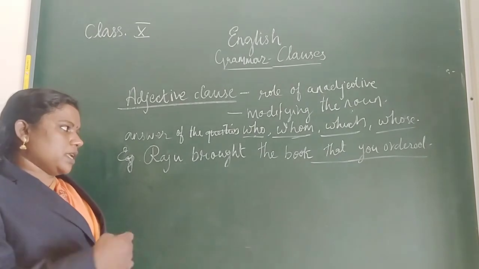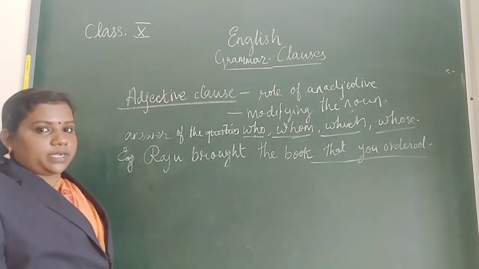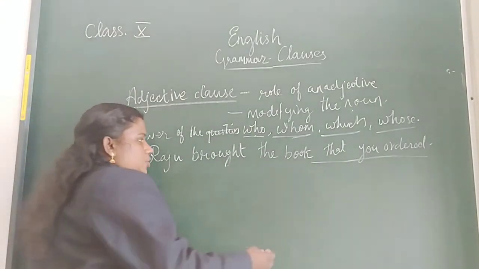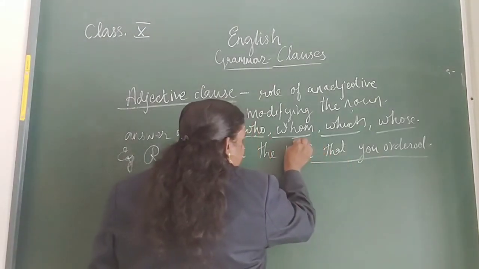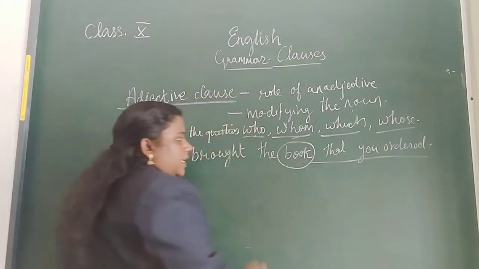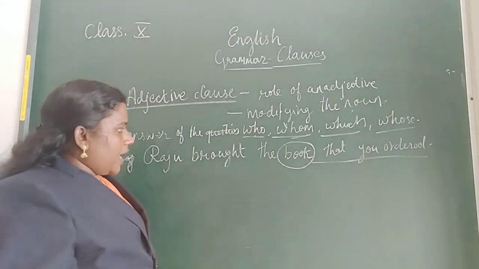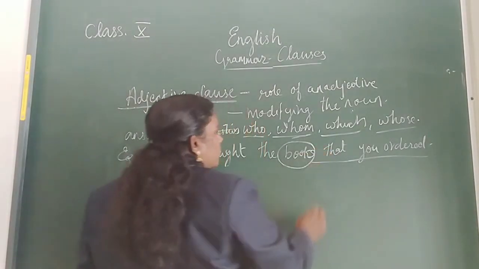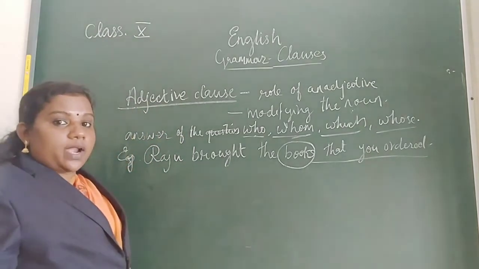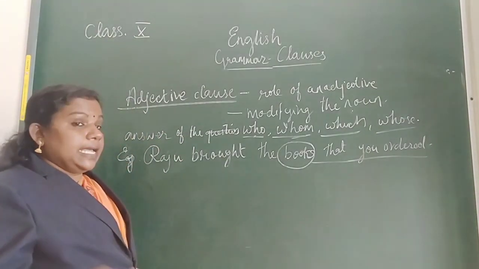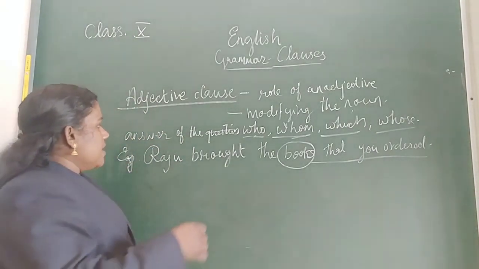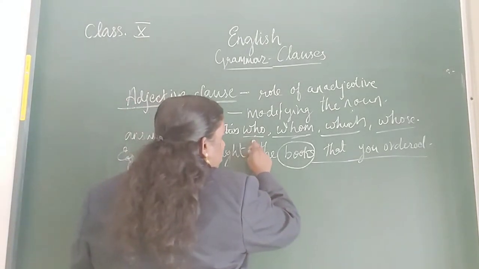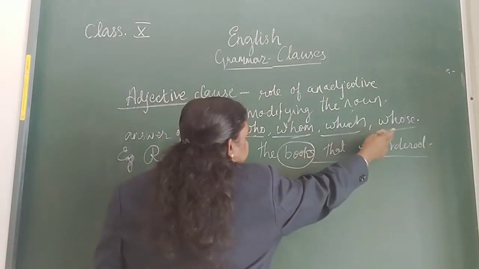Actually this part is qualifying or modifying the noun books. Raju brought the books that you ordered. It is qualifying the word books. In other way we can say it is the answer of who, whom, which and whose.